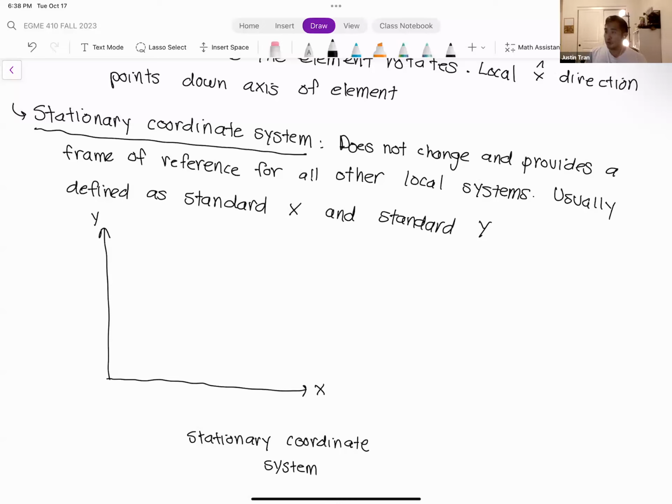And so for a local coordinate system, let's say that we have a truss element that's rotated upwards by a certain angle. What that's going to do is take its local coordinate system and rotate along with it. So let's say that we have an element that's rotated in this direction. We'll call this x hat.